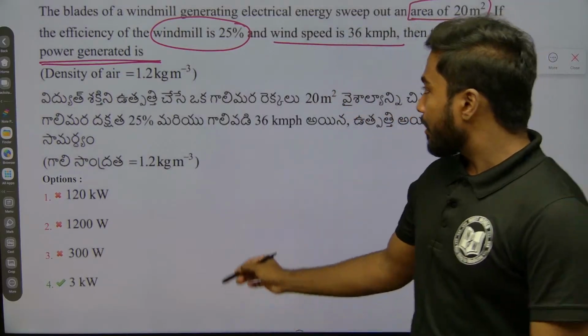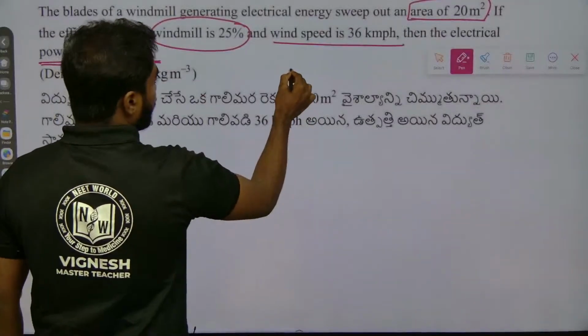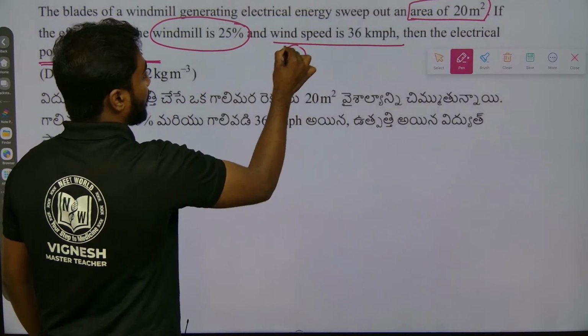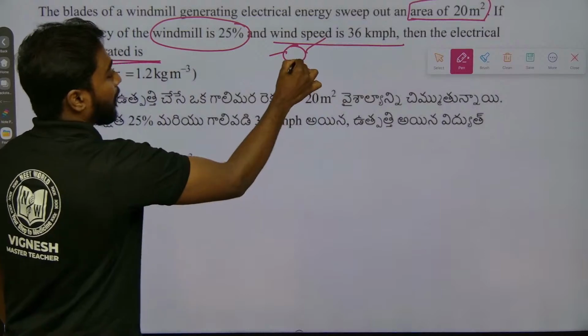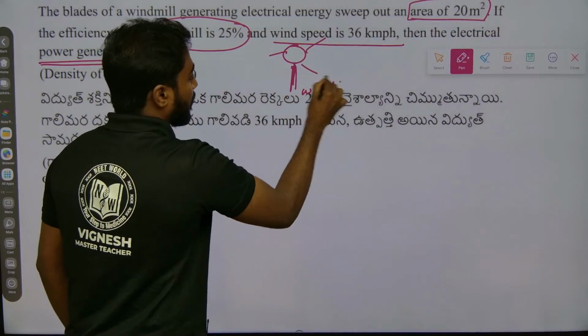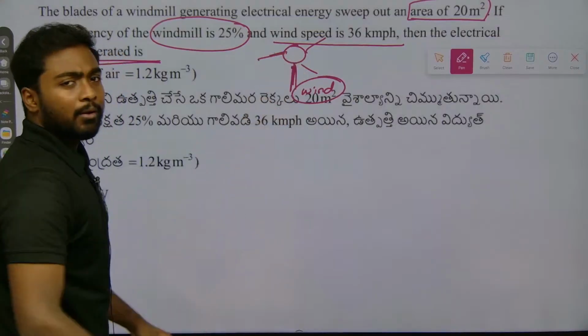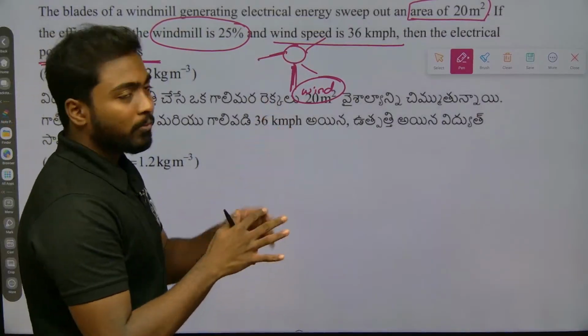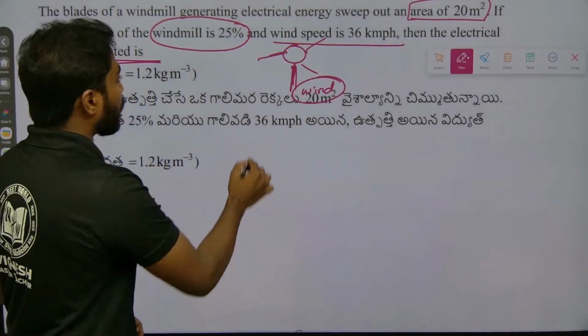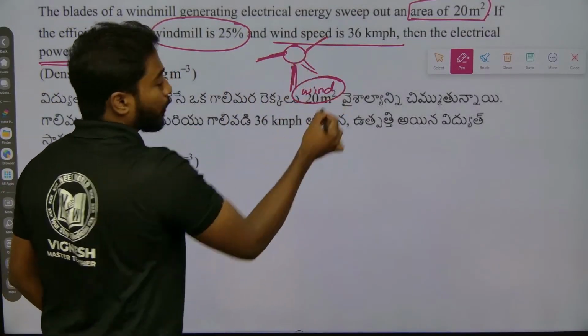See, when I take a windmill, I will draw something. The wings will not rotate automatically. The wind should blow, and then only the blades will rotate, right?